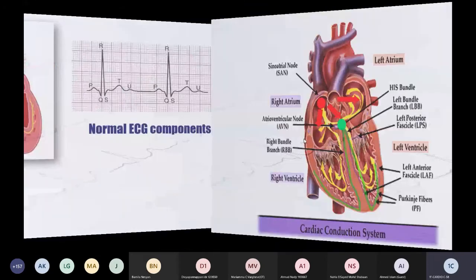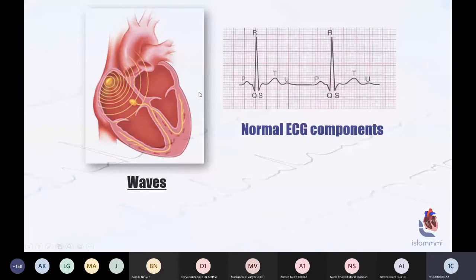The normal ECG has a lot of waves, but the most important ones to discuss today are the P wave, which represents the atrium, and the QRS, which represents arrival of the impulse to the ventricle, then the T and U wave, which represent the fade of the impulse in the ventricle.